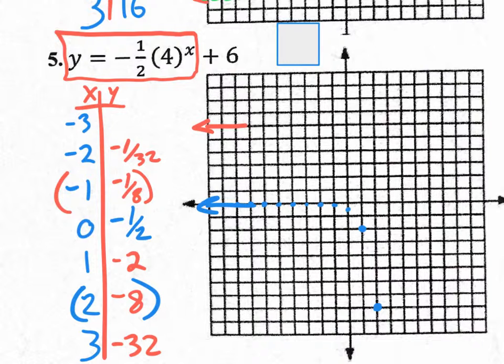So I'm going to go to every single coordinate and move them 6 units up. So this guy, move it up 1, 2, 3, 4, 5, 6 right there. Put that dot there. You have to move every single one of them 6 units up. This one, 1, 2, 3, 4, 5, 6. And then even this one that was at the halfway point, 6 units up, to the other halfway point.